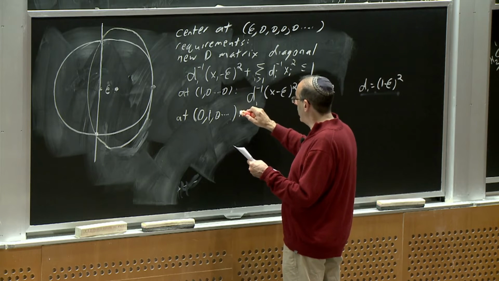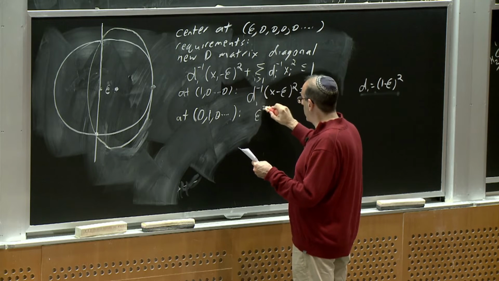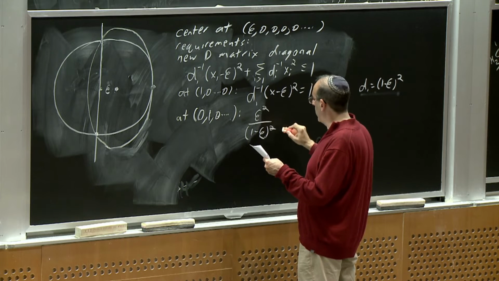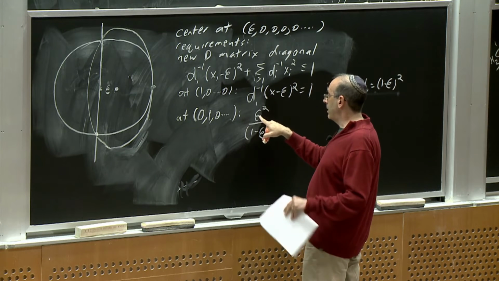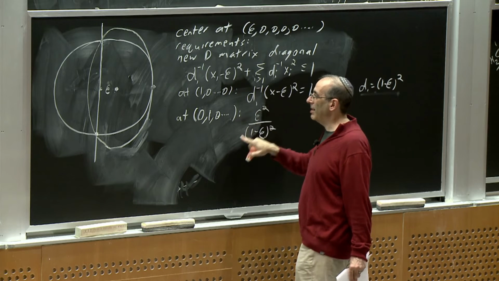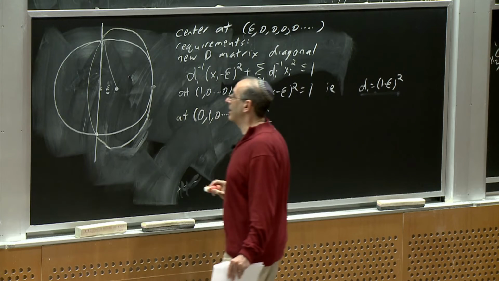Here what we're going to say is that epsilon squared over 1 minus epsilon squared, this is x1 minus 0, because our center is, we're now looking at basically this distance.